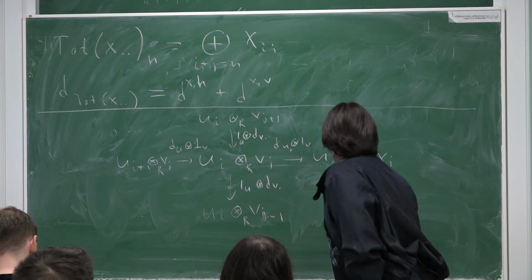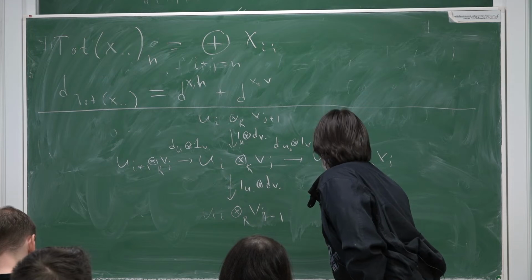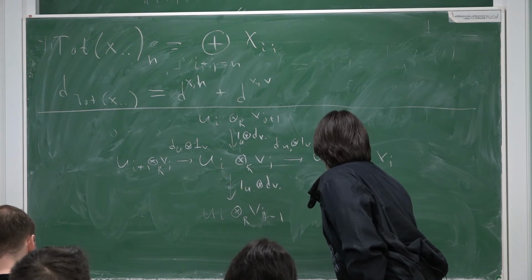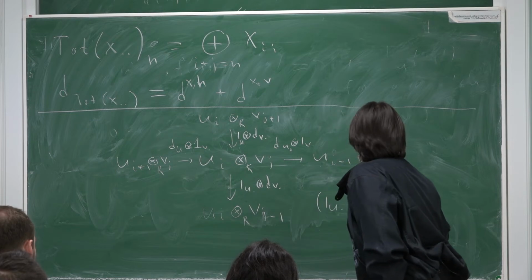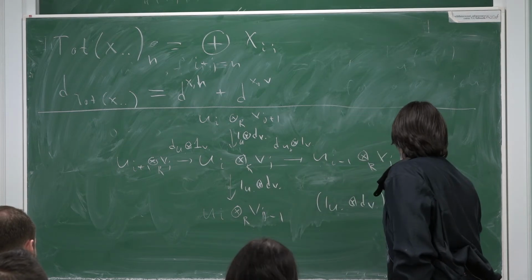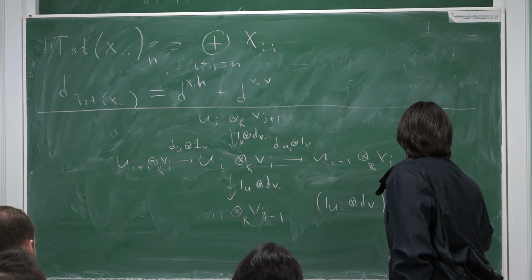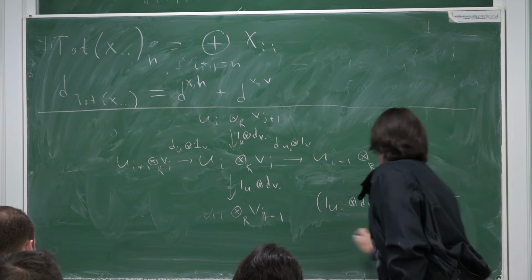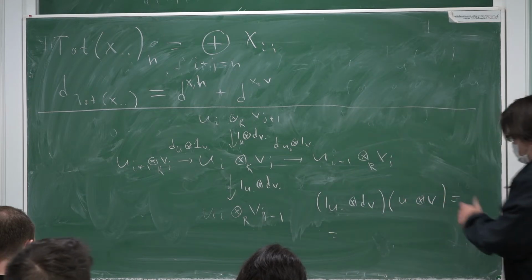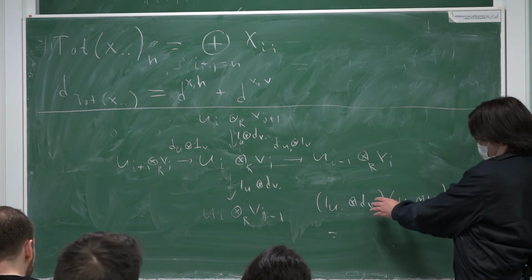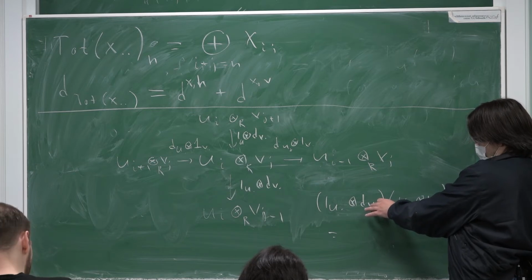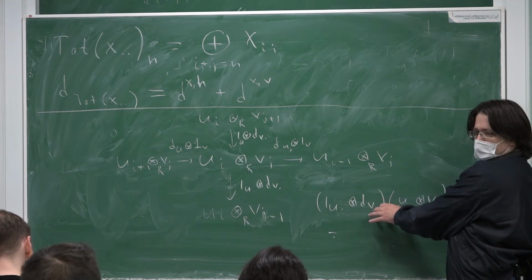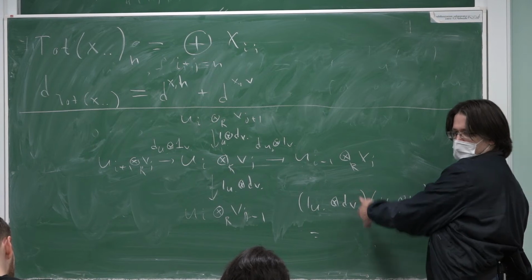So when you apply 1_U tensor d_V to some u tensor v, you have to multiply the result by the sign. The sign is the product of the signs of the map and of u, because you interchange them.